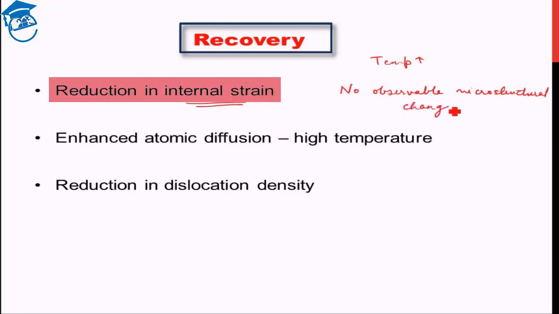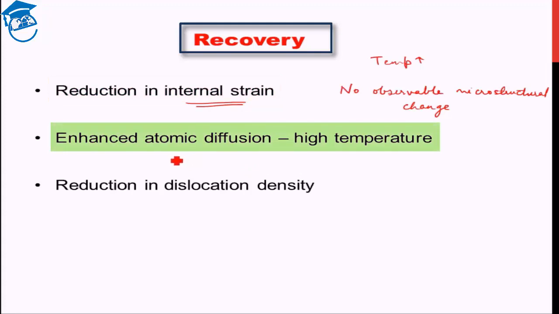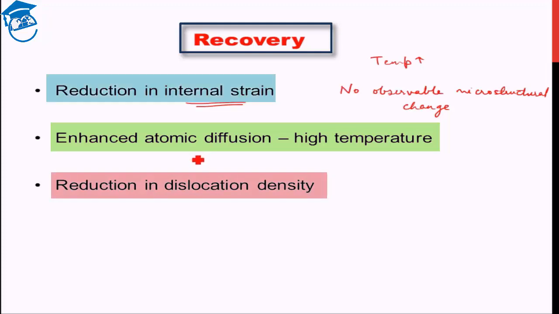How is the internal strain or internal stress reduced? That is because at a higher temperature there is enhanced atomic diffusion. The atoms start to diffuse faster, and that results in a slight reduction in dislocation density, which as a result leads to a reduction in internal strain. So this is the idea about recovery.